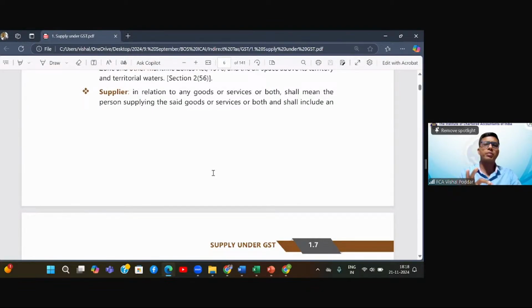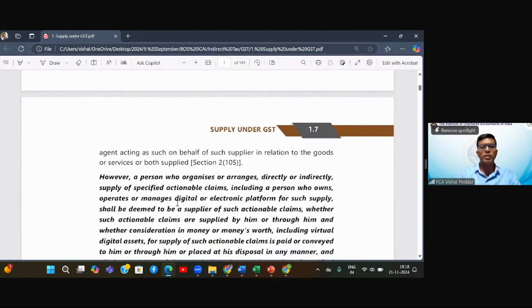Supplier means a person who is doing the activity of supplying goods or services. So we are studying supply now. Whoever does this supply will be the supplier, or even where on his behalf an agent is doing something. So even the supplier definition will include an agent who is acting on behalf of such supplier.